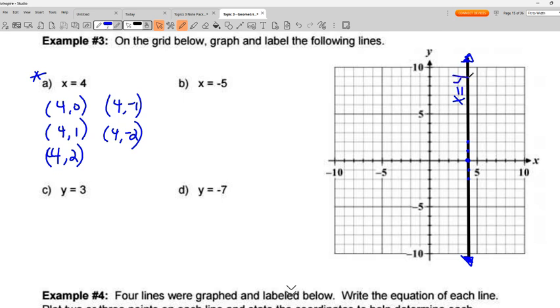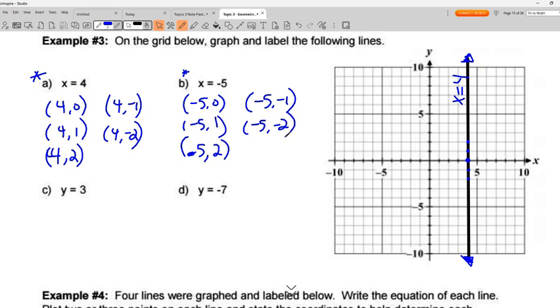In question B, x equals -5. So this time we could have (-5, 0), (-5, 1), (-5, 2), (-5, -1), (-5, -2) as points on the line.